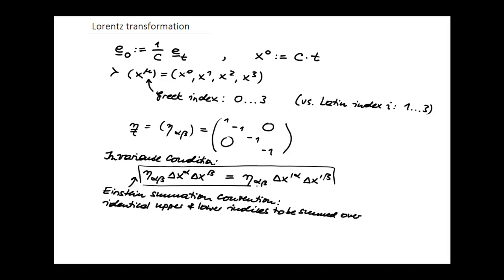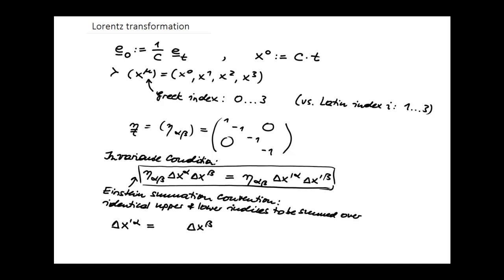So this is another way of writing the invariance condition. Now we say we have a Lorentz transformation, and hence the delta x prime alpha is some linear combination of the unprimed delta x beta.